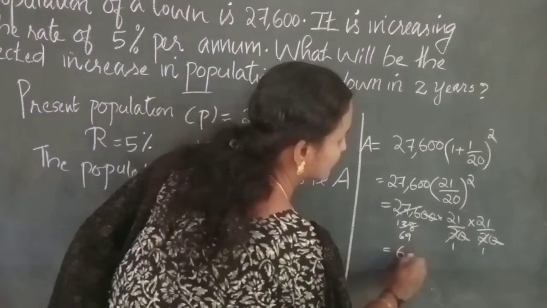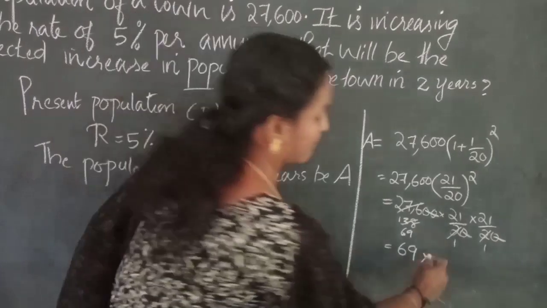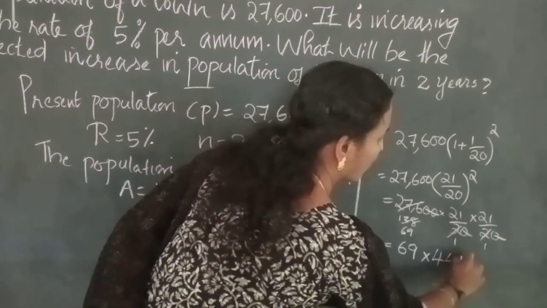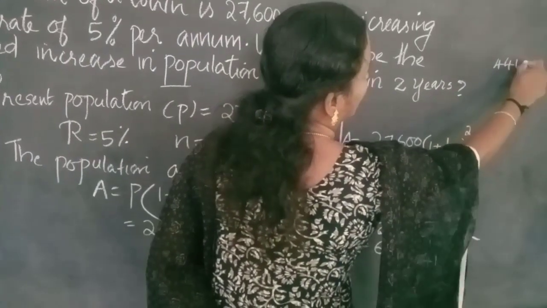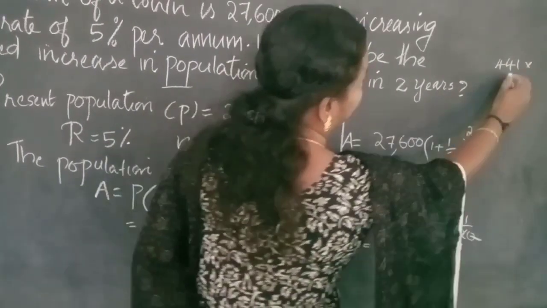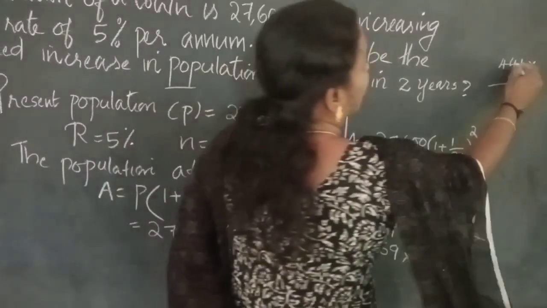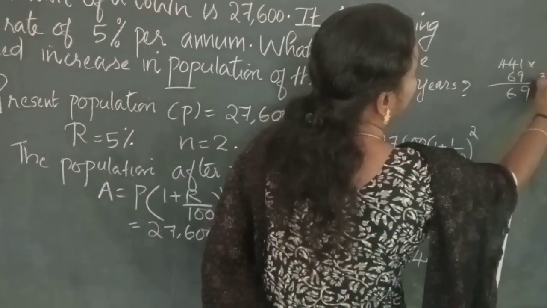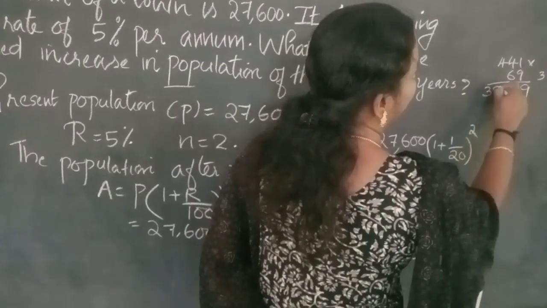So it is equal to 69 into 21 into 21. 21 square is 441. Multiplying 441 into 69.